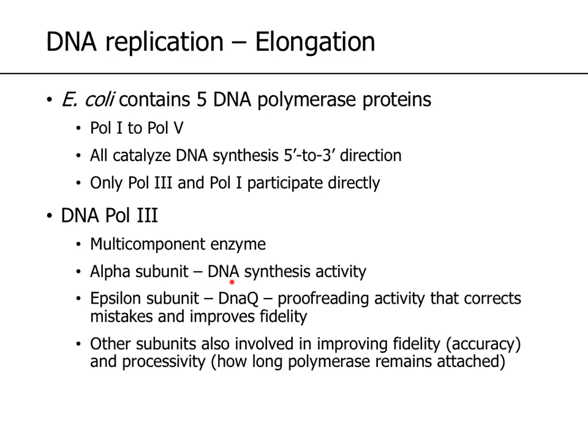The alpha subunit is involved in DNA synthesis. The epsilon subunit, DnaQ, is used for proofreading, so it can correct mistakes. It goes and double checks to make sure that it's putting the correct base there. And then there are other subunits involved in fidelity, making sure the accuracy is right, and processivity, making sure that the whole thing doesn't fall off too soon.